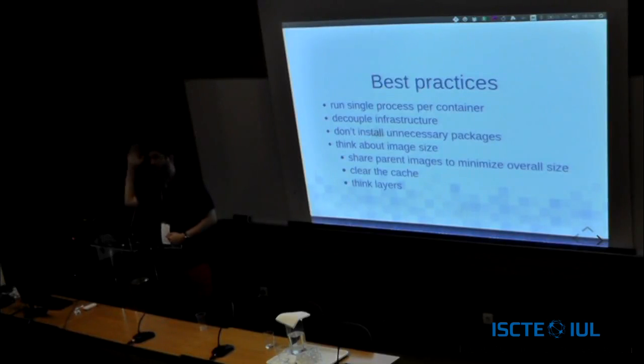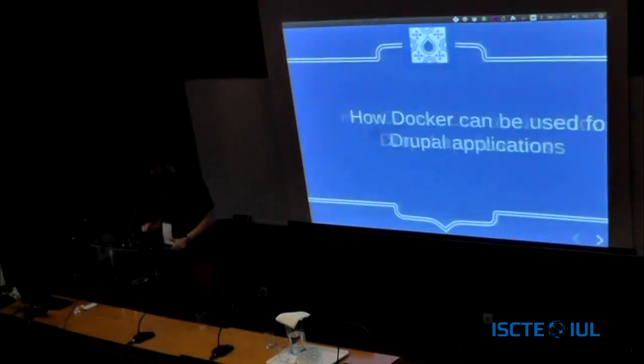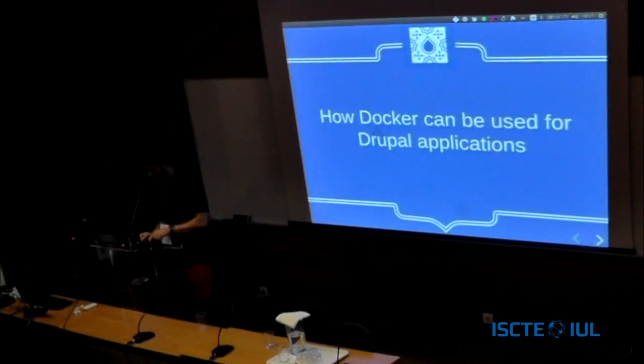Then you have some PHP services, one for CLI, for instance, and another one for FPM. They can also share some resources. So think about layers, and the layers are based on the instructions I just showed. I will go back for a moment.